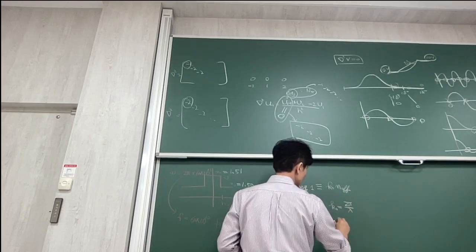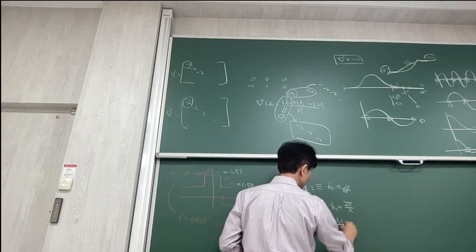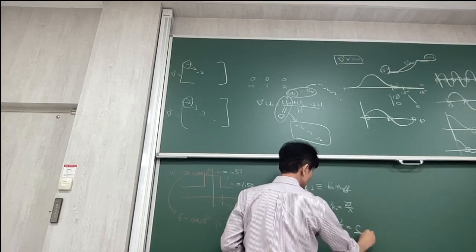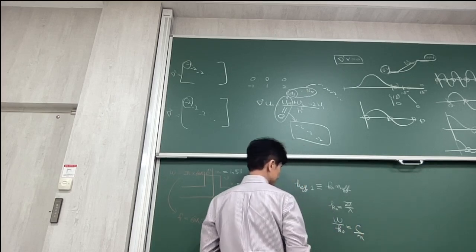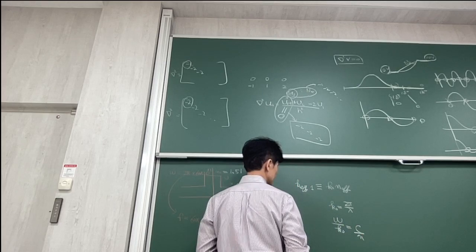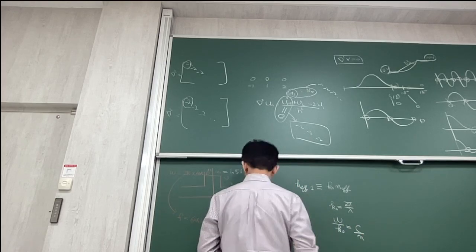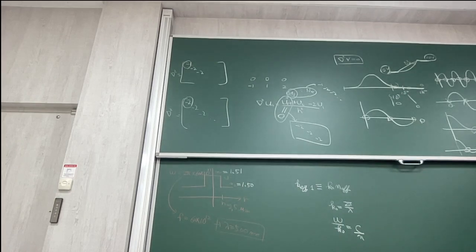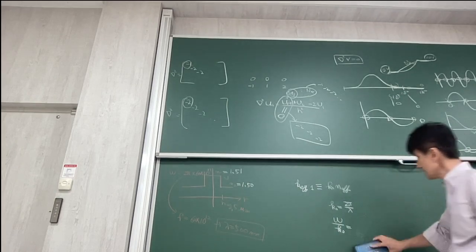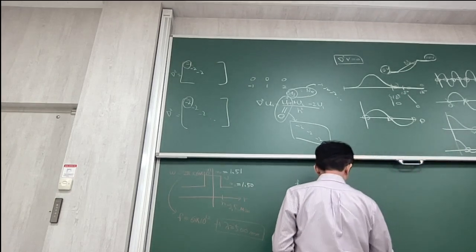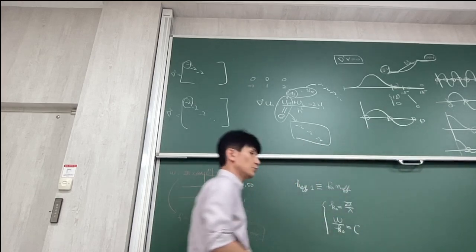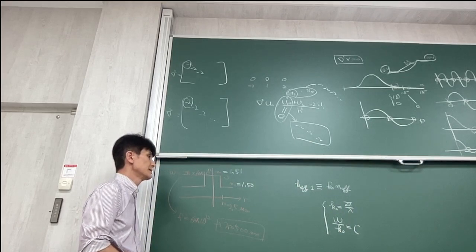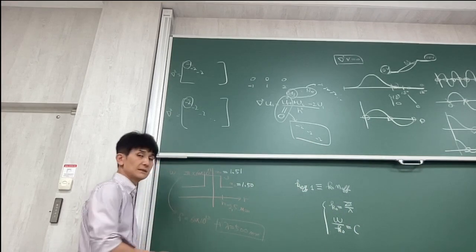And omega over K0 is equal to C. K0 is the propagation vector in vacuum, so omega over K0 should be C. So we have this relation.